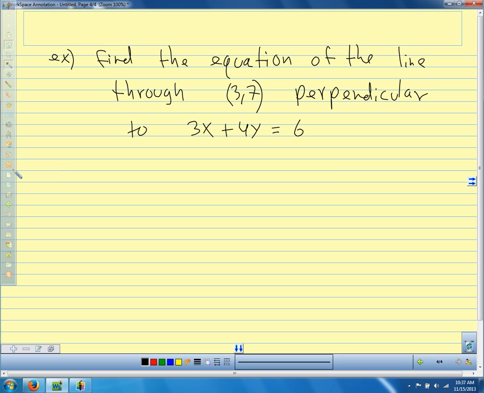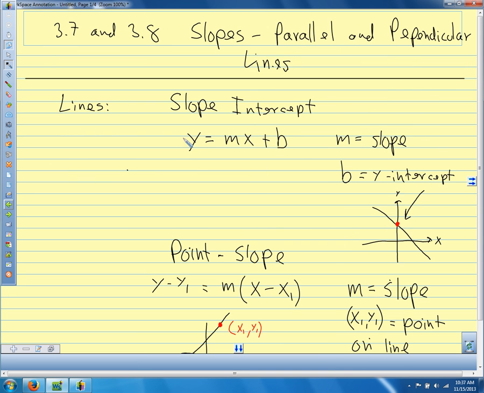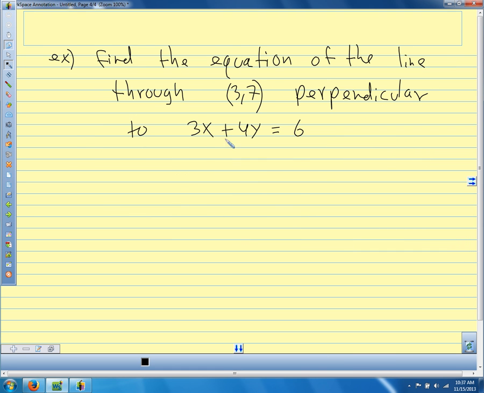Well, let's look back here at our slope-intercept form. What's by itself on this side of the equation? Y. So we can get y by itself, and then we could see the slope of our line. The slope is the number that's in front of the x. So I'm going to get y by itself.